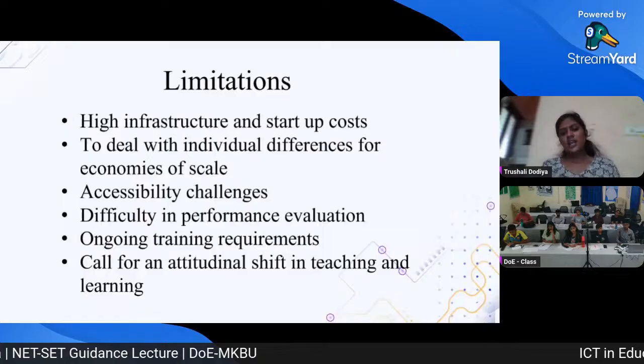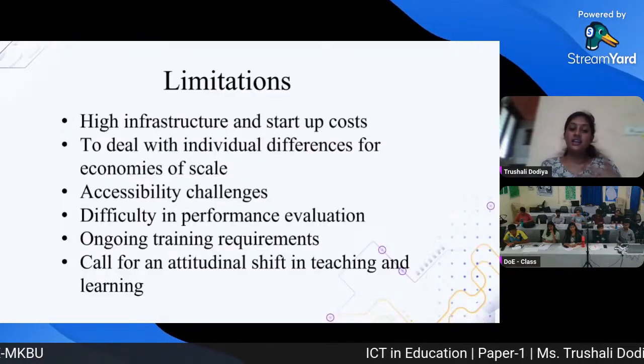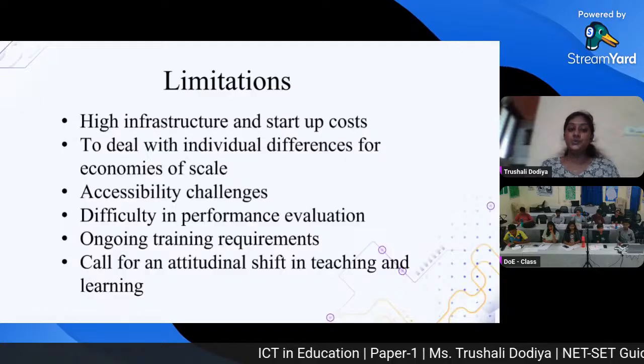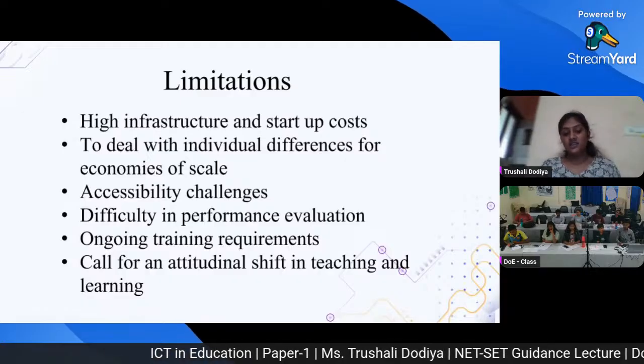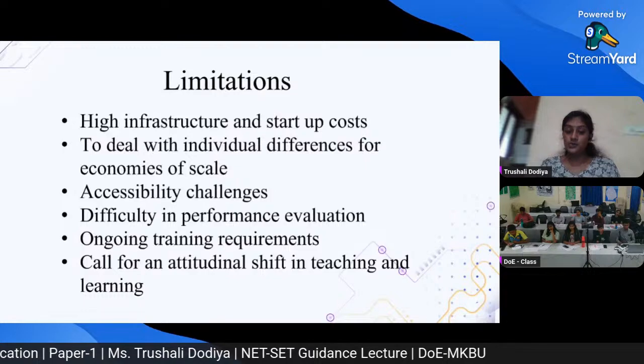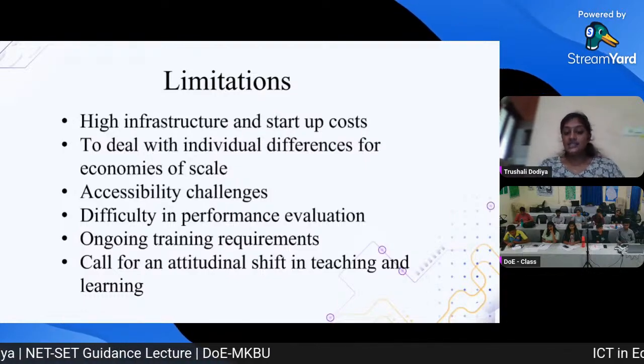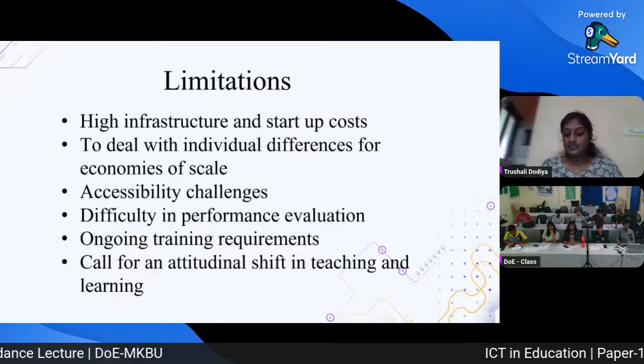So we need to look at the benefits of using it. We need to make students aware of how they can use it and how it can benefit them. So in the classroom as well, these technological tools should be used, and students need to be informed about it. So there is this call at the end.